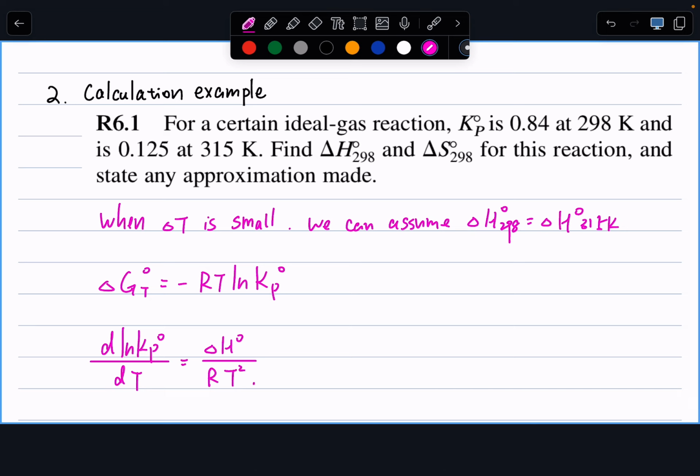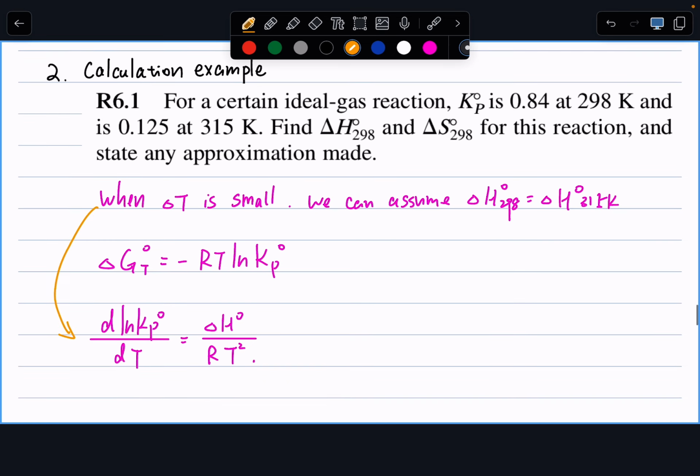Or if we use this assumption here, we can simplify this by taking the integral on both sides to have ln Kp naught at 315 minus ln Kp naught at 298 equals delta H naught over R times (1 over T1 minus 1 over T2). This yellow equation just comes from solving this integration equation.